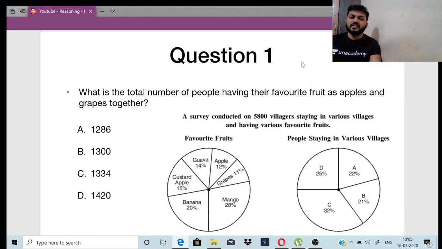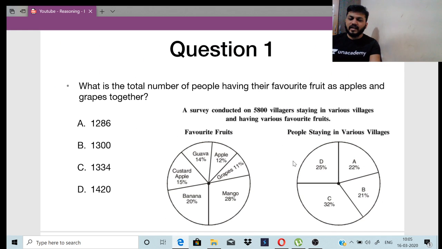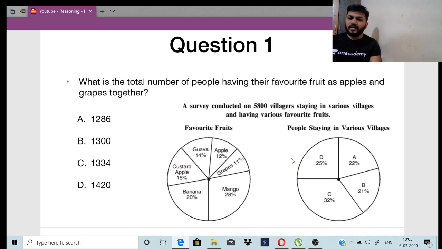This is question number 1. Here there are 2 pie charts given. A survey is being conducted on 5,800 villagers staying in various villages and having various favorite fruits. What is the total number of people having their favorite fruit as apples and grapes together?